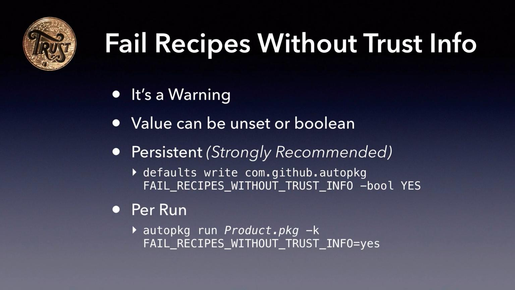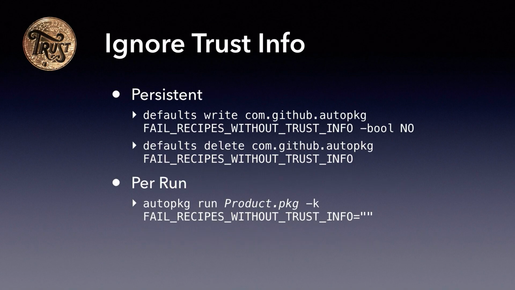If you want to turn on trust info, and I strongly recommend that you do, that's the defaults write command for you to use. You can also do it on a per run basis using the -k flag if you like. Now, when we're developing recipes, we really need to ignore trust info because there's really no functional way to develop a recipe while trust is on.